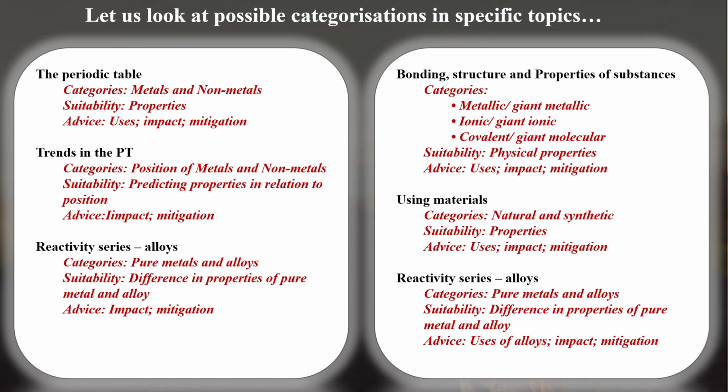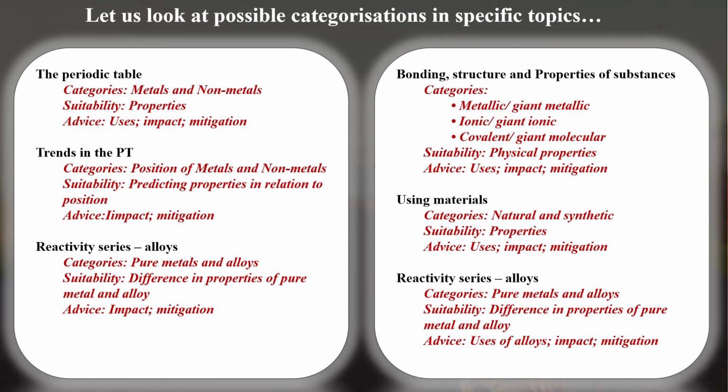We all know that Mg is magnesium. So what is the category of that substance? Is magnesium a metal or a non-metal? Magnesium is a metal. We give the example as magnesium, then it is categorized as a metal. Then we need to give why it is described as a metal.